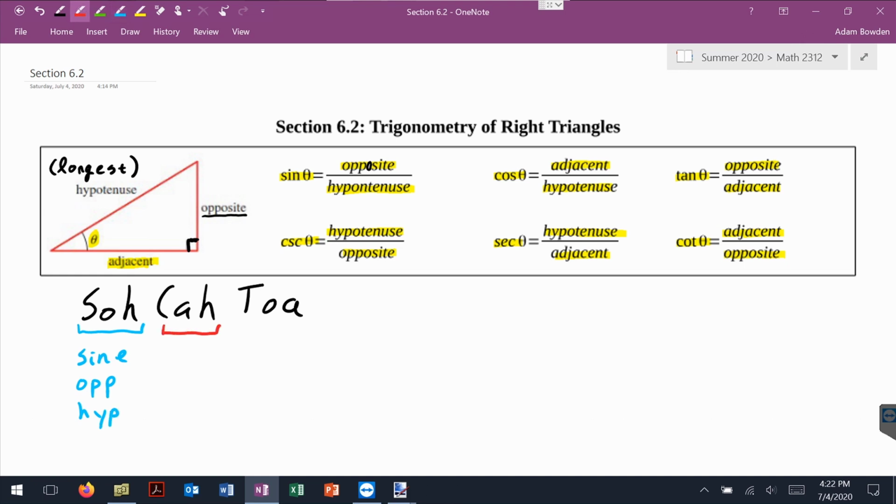The CAH stands for cosine, and the A and the H, that's adjacent, hypotenuse. And then the TOA part is for the tangent, and that would be opposite over adjacent. So just in case that helps, remember some of the different sides in the right triangles that we use for the sine, the cosine, and the tangent.